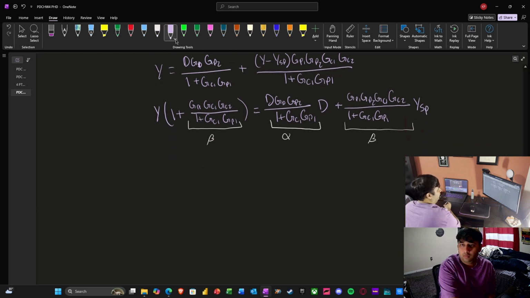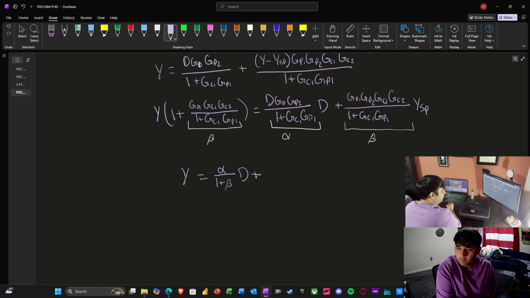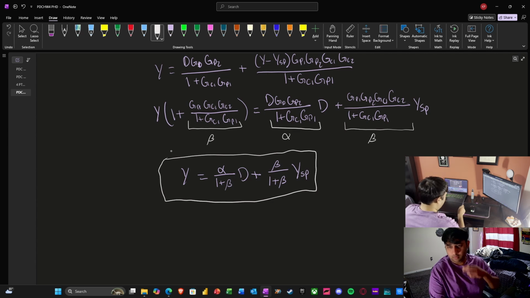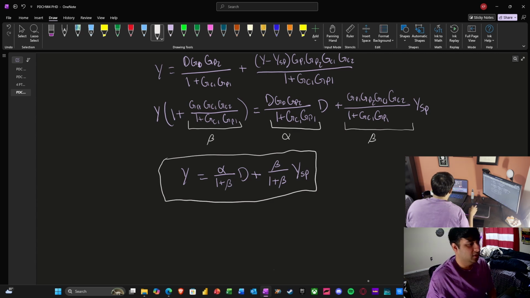So when we simplify this out, we get y equals alpha over 1 plus beta times d plus beta over 1 plus beta times y set point. And this right here is the equation we need for a transfer function. And now we can go to our coding.